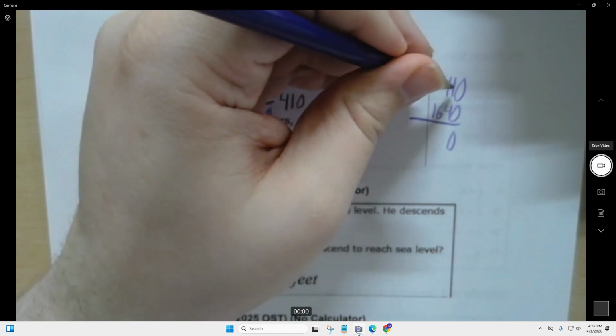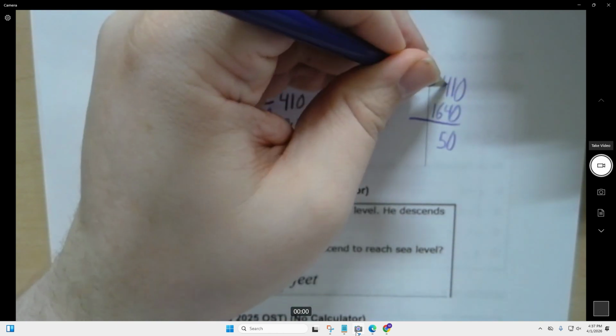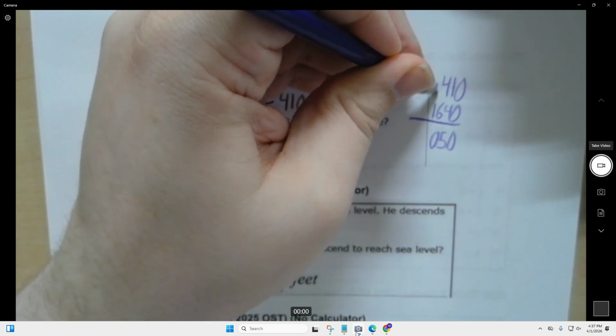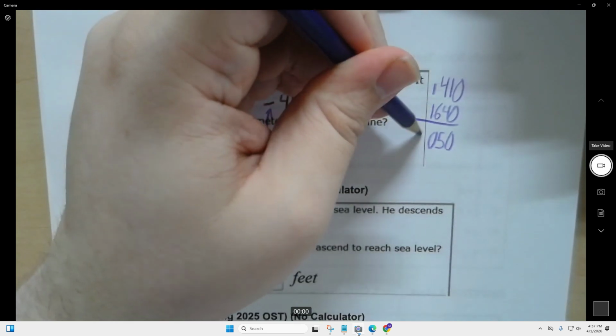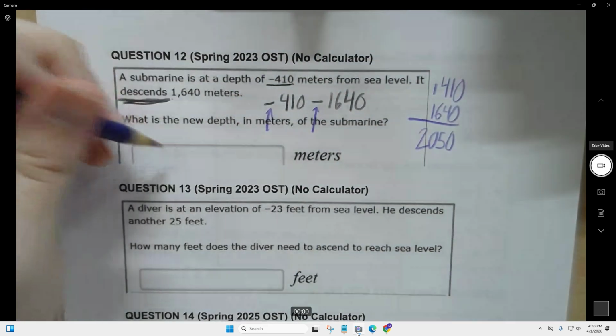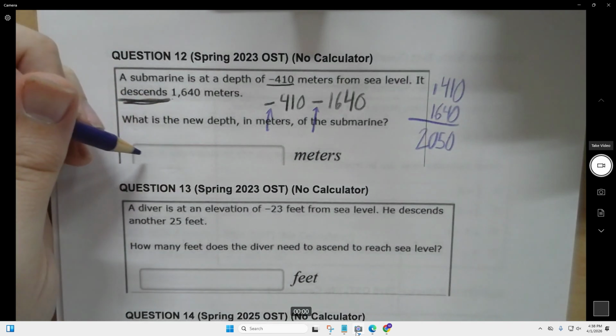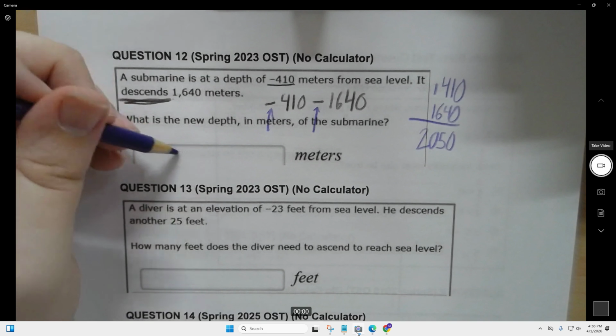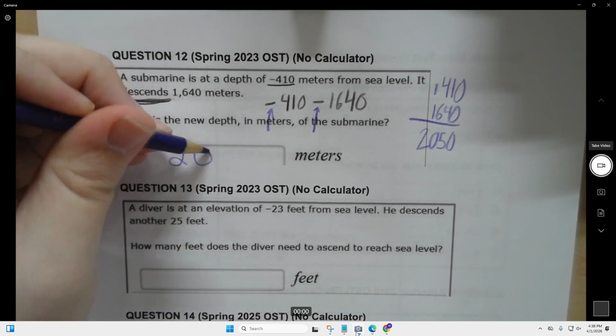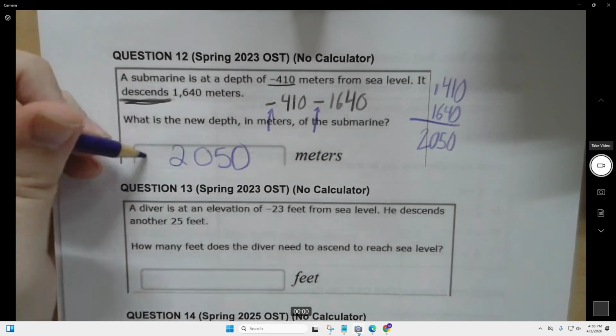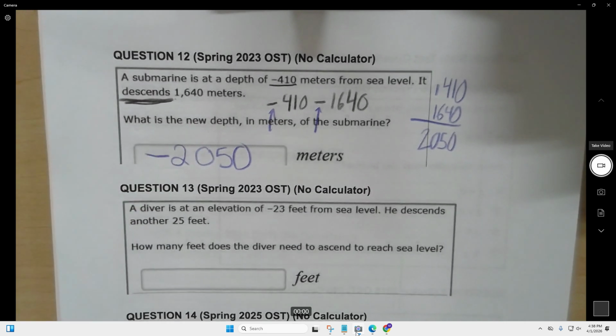So you have 0. 1 plus 4 is 5. 4 plus 6 is 10. Carry the 1. 1 plus 1 is 2. The only thing you have to remember to do is stick the negative back up front.